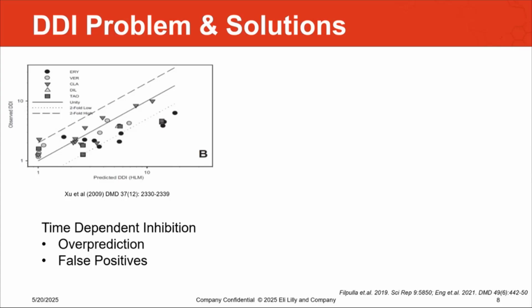From the graph on the slide by Sue and colleagues in 2009, we can see that on the x-axis, we have our predicted drug-drug interactions using the human liver microsome fraction, and then the observed DDIs on the y-axis. Most of the points are shifted to the right, meaning that we're over-predicting a higher interaction compared to what's actually seen in the clinic.